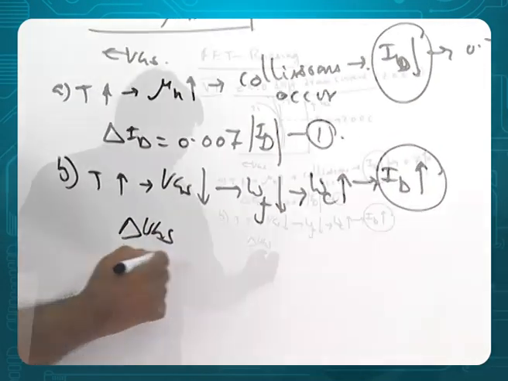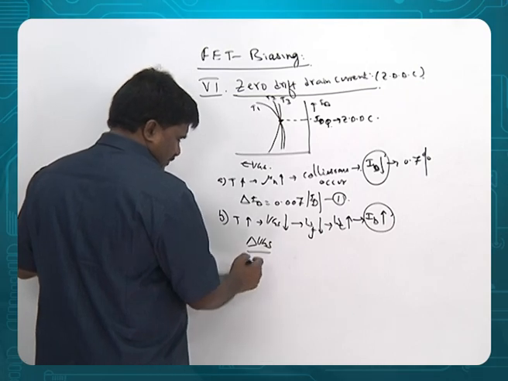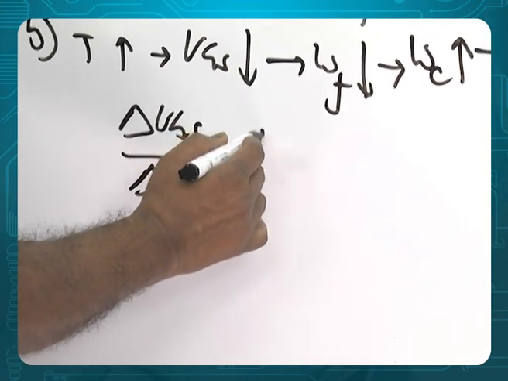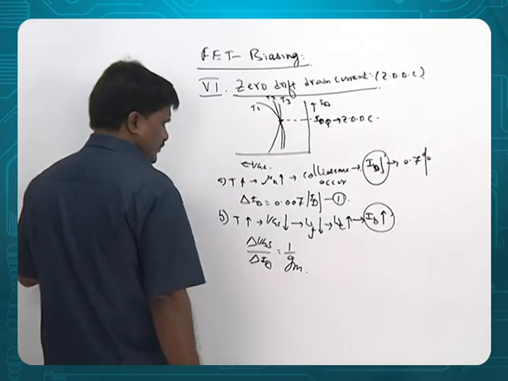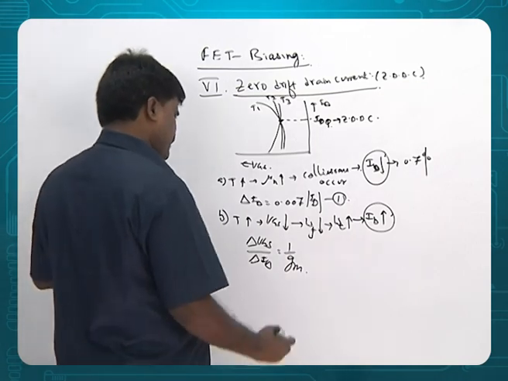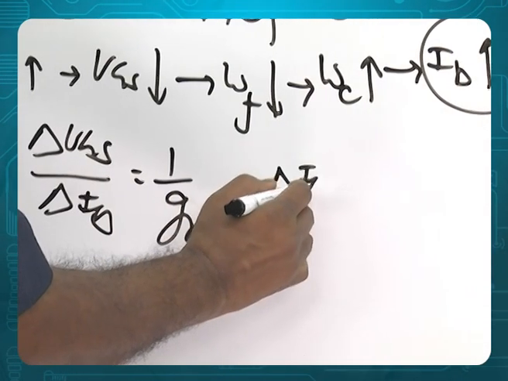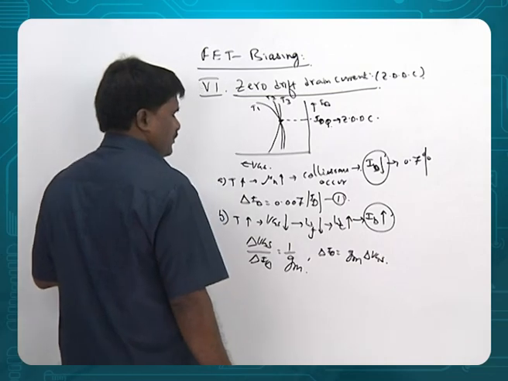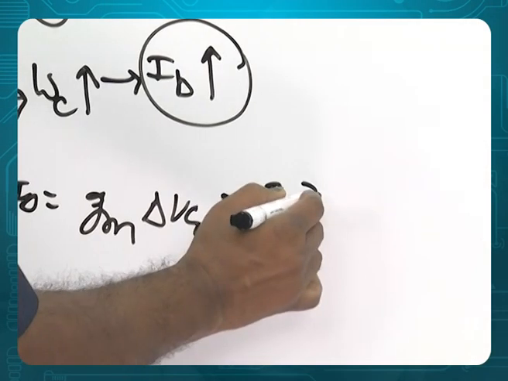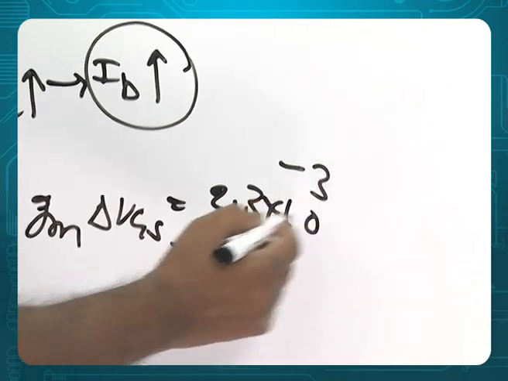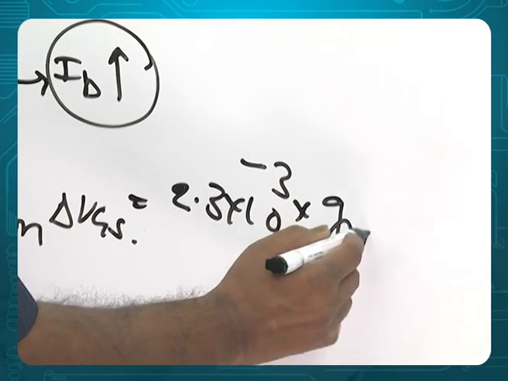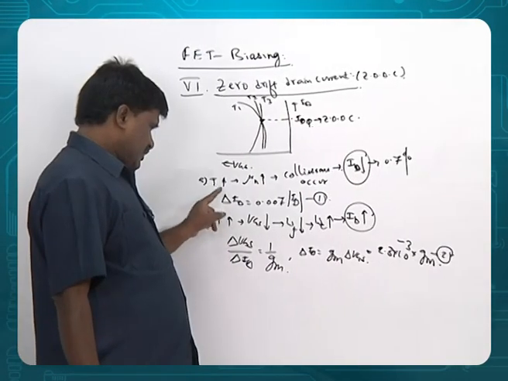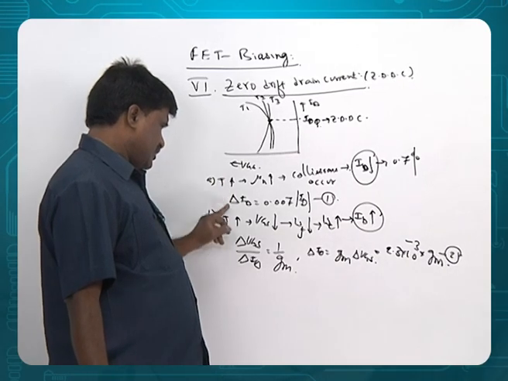So how does that standard value come here? Change in VGS is 2.3 millivolt per degree. Change in ID is GM into change in VGS, that is 2.3 millivolt into GM. Call it the second equation. Now one is decreasing, the other is increasing.